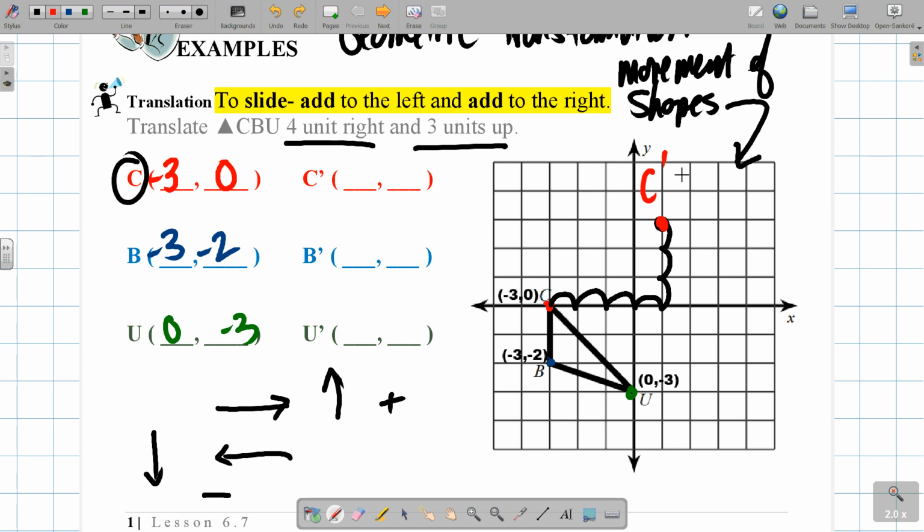So moving by sliding, all you do is you take your horizontal motion and add it, or subtract if it's negative to the left, to the x coordinate. So we're going to add 4, add 4, add 4. And we're going to take our vertical motion and add or subtract to the y coordinate. +3, +3, +3.